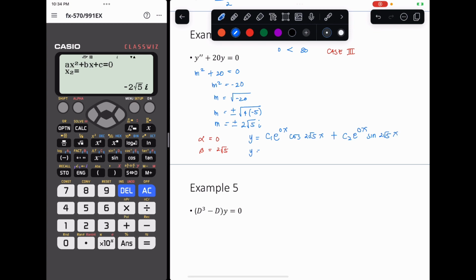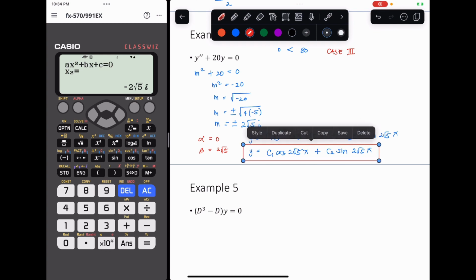So finally, e raised to 0 is 1. So it's just c1 cosine 2 square root of 5 x plus c2 sine 2 square root of 5 x. And this will be our final solution.